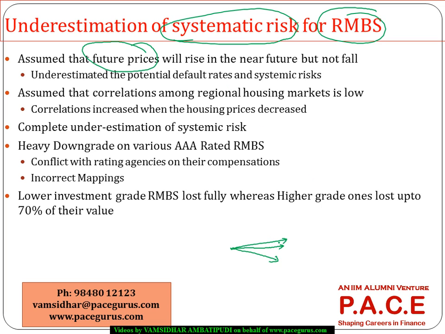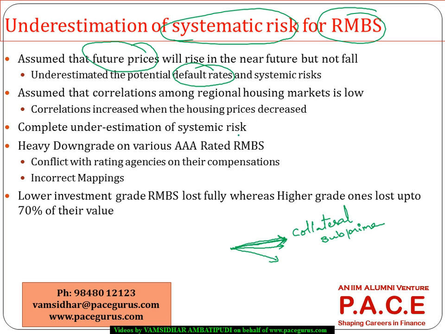So because of that, the default rates were underestimated, because they expected that prices would rise, so collateral is going to be of a stronger value. So there is no point in taking strong other credit enhancements for the same. So even subprime kind of loans have been offered because of this major assumption.